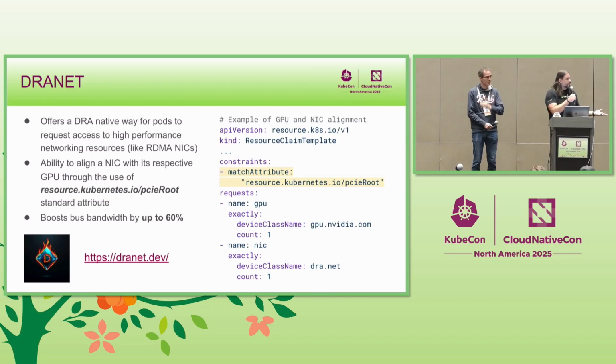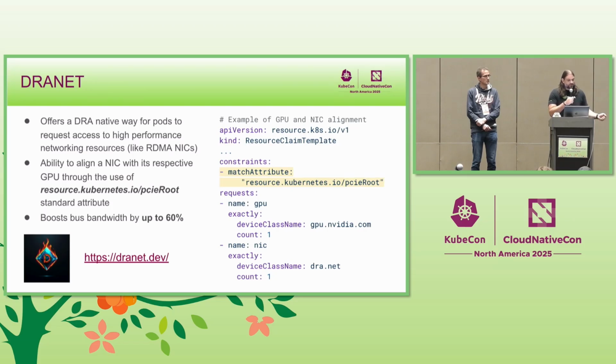And just as what I talked about with CPUs, with DRA.net there's a way for you to align your NIC allocations with your GPU allocations through the use of a new standardized attribute that we've published. If any DRA driver publishes devices with this attribute, you can use it to align devices across different vendors.